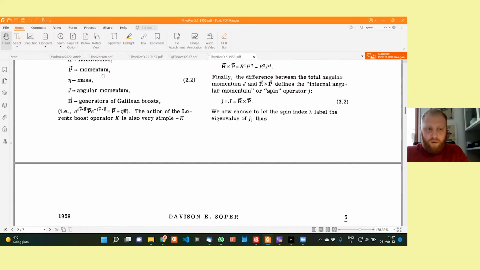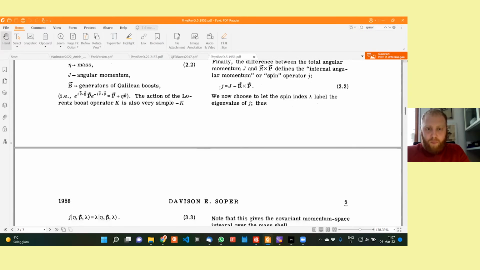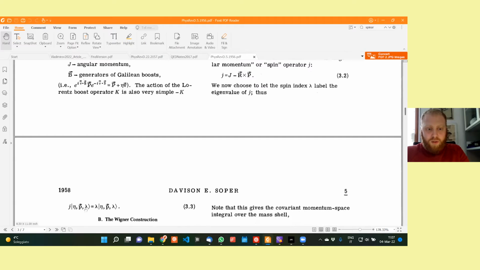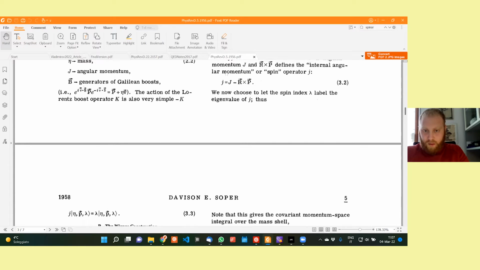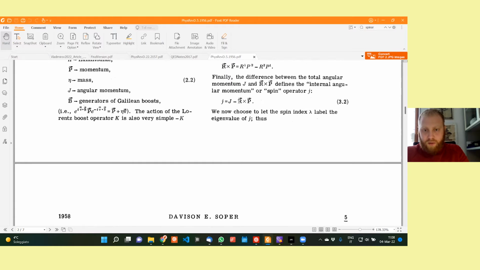The light front helicity lambda, where J is the operator and lambda the eigenvalue, is defined as the total angular momentum minus something that looks like orbital angular momentum. So this is much more like spin than helicity. So it changes sign under time reversal, at variance with standard helicity, which does not change sign.